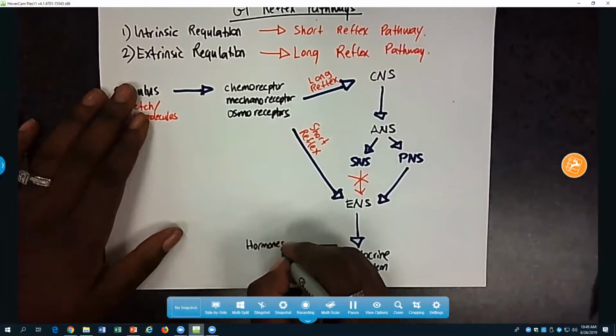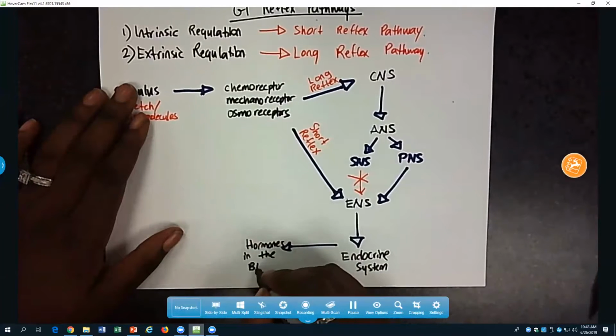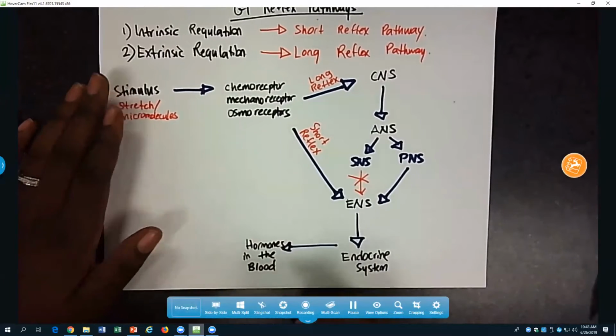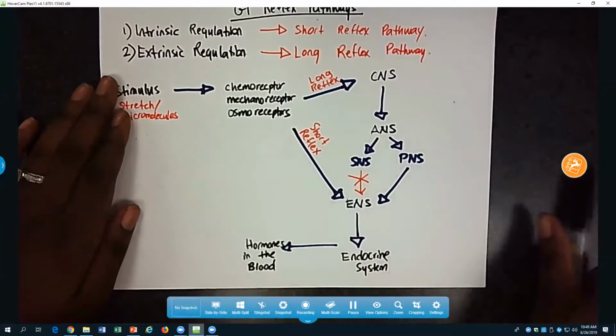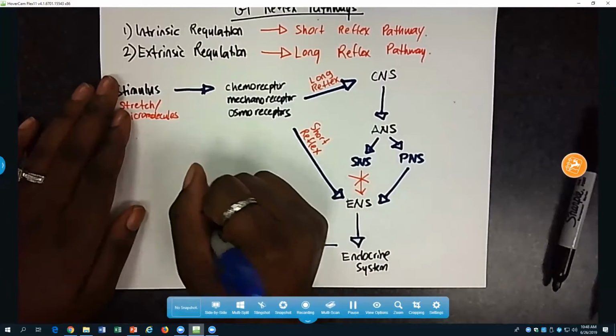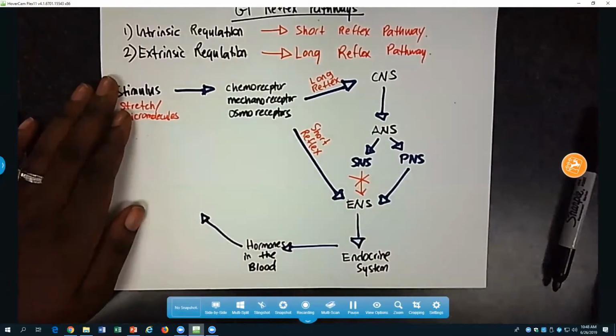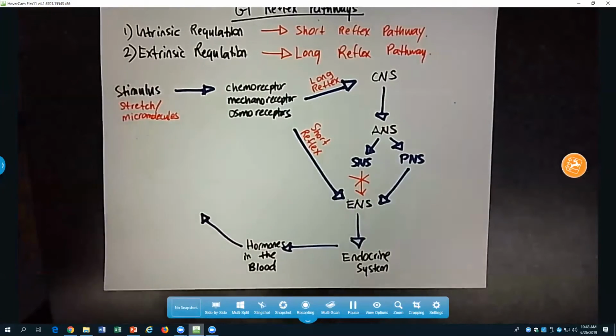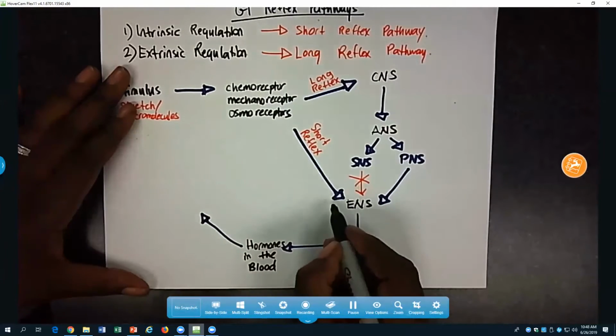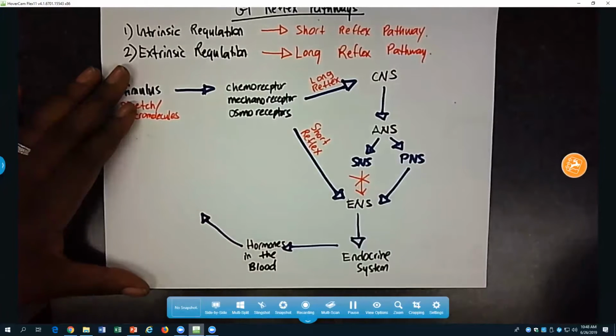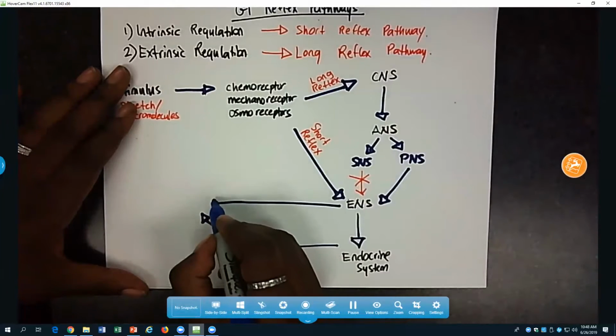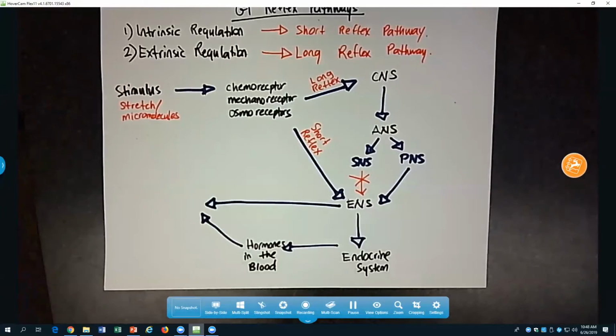So hormones are released into the blood. And those hormones will have an effect on effector cells that will bring about a response. Or, in the absence of the endocrine system, the enteric nervous system can directly engage this response as well. It can directly have an effect on these smooth muscle cells of the GI.